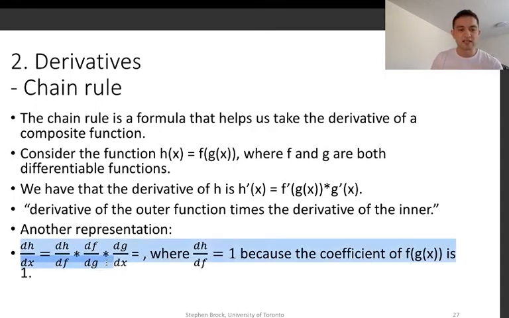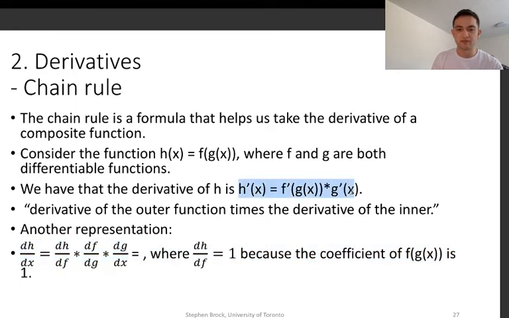And this is just another form of writing this equation. What's cool here is that we can see clearly how we got from the derivative of h with respect to x. Although these aren't physical numbers, these operators can work like multiplicative factors.